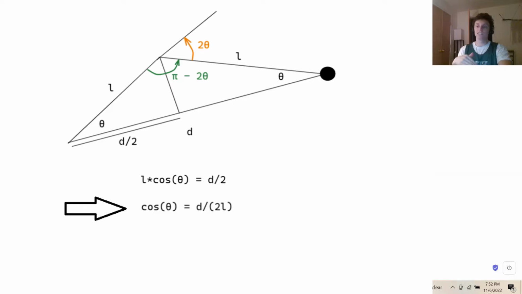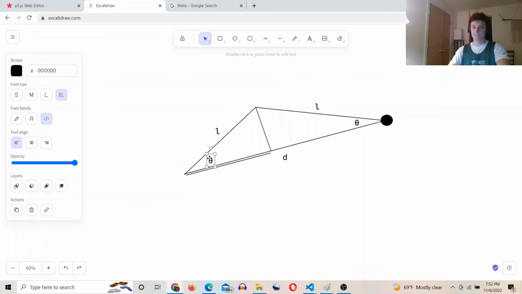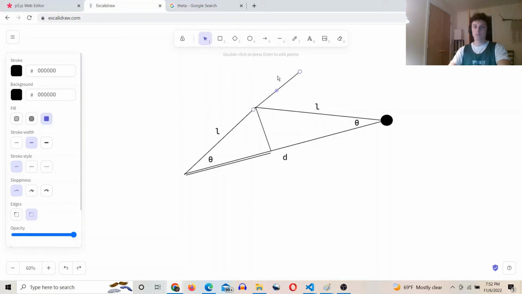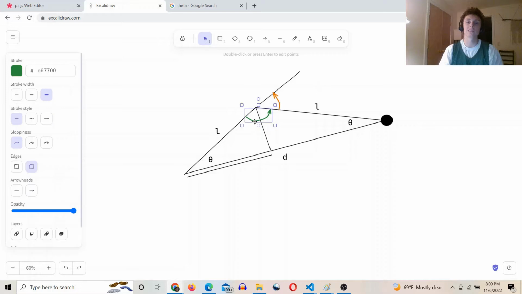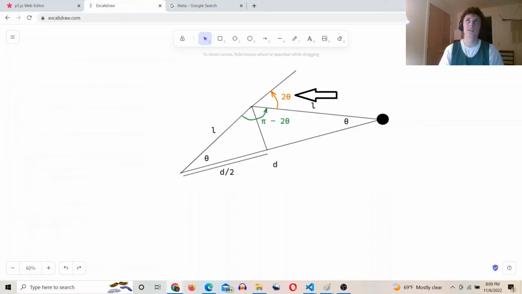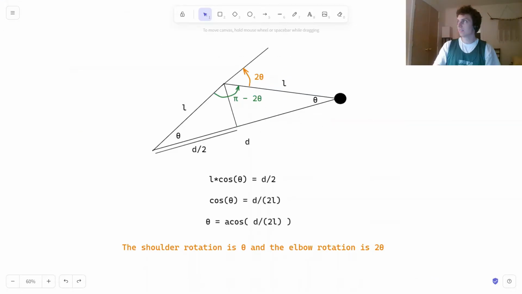So divide by L and then take the inverse cosine of that, and that'll give you theta. This is the shoulder angle, and then the elbow angle is pi minus this. So pi minus 2 theta. So then this angle would just be 2 theta.